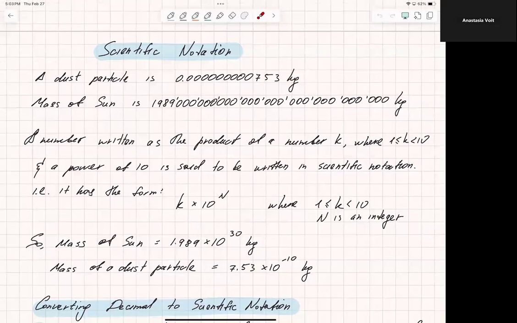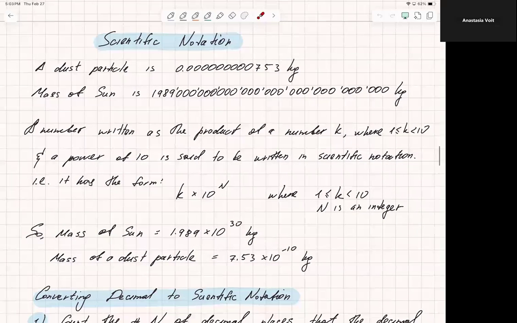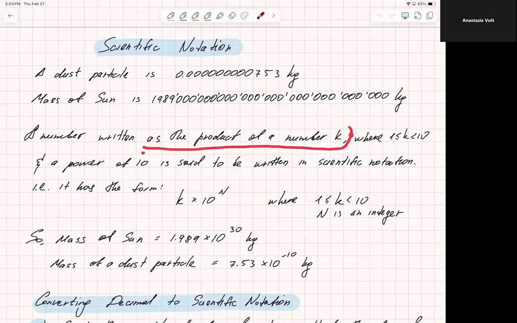So a number is written in scientific notation when it is written as a product of a number k, where k is between 1 and 10, not including 10, and a power of 10. In other words, we have this form: k times 10 to the power of n, where k should be a number either 1, 2, 3, 4, 5, 6, 7, 8, or 9.